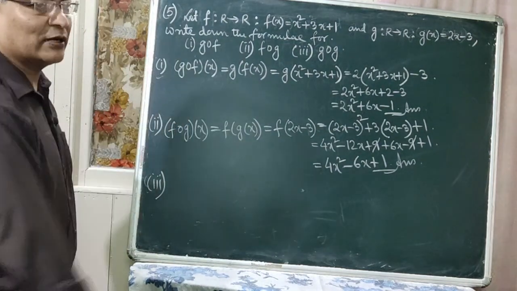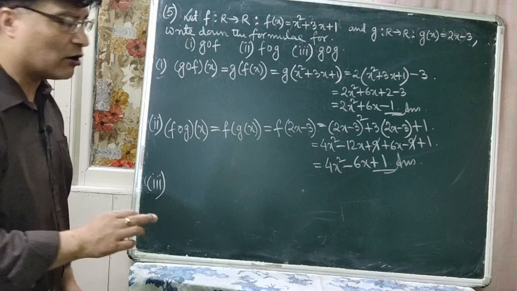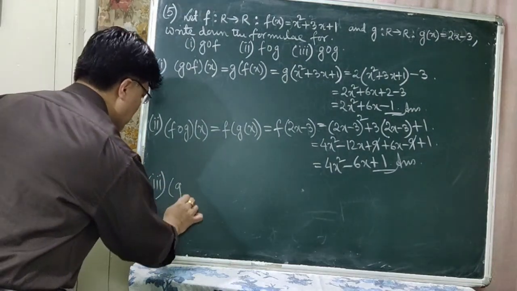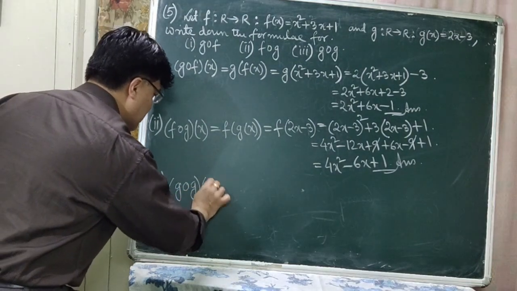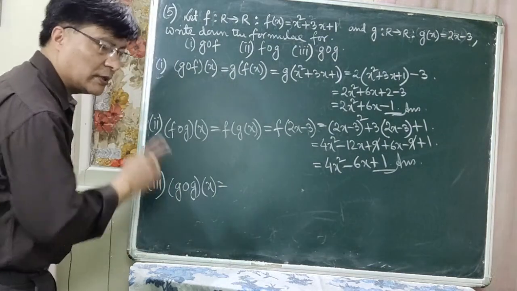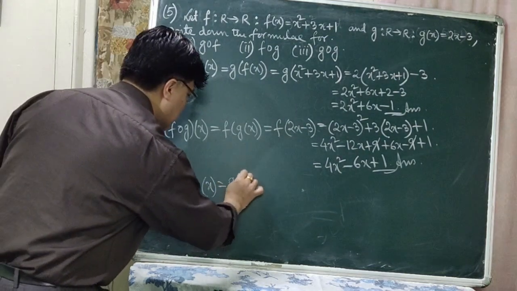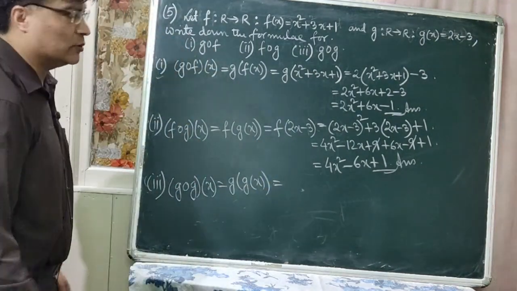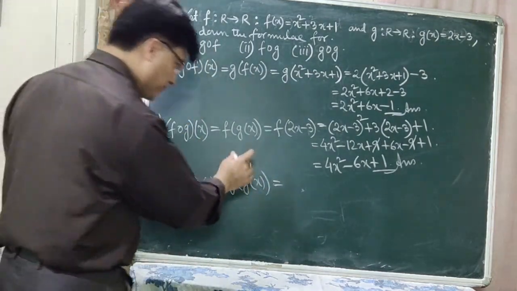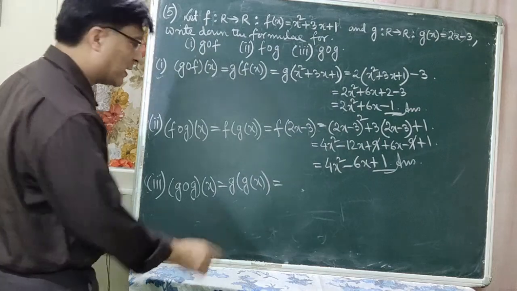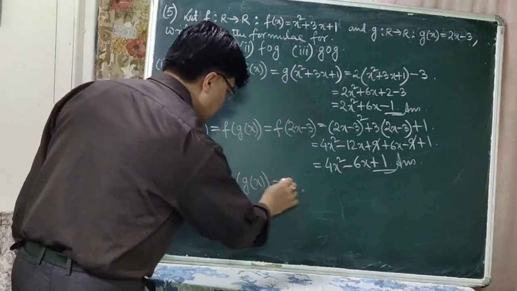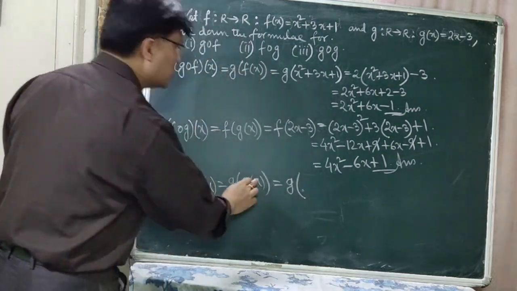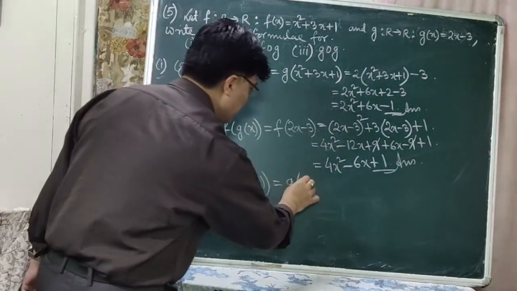In order to find out gog, you have to find out gog of x. So gog of x is defined as g of g of x. Now put the value for g of x for the expression within bracket. There is g of x. So this g is kept as it is. What is g of x? It is 2x minus 3.